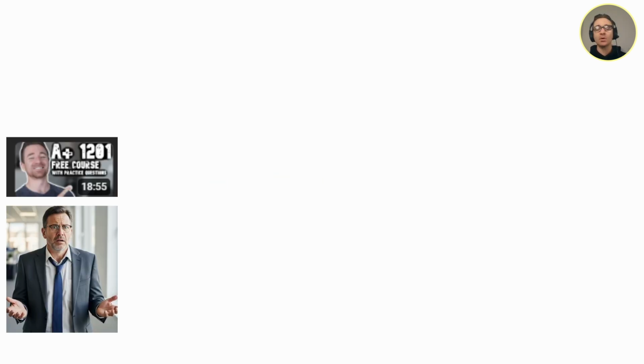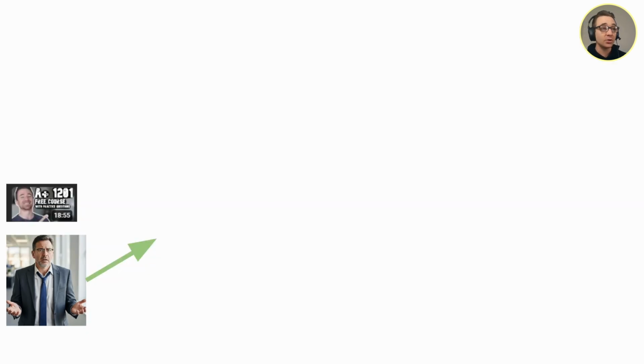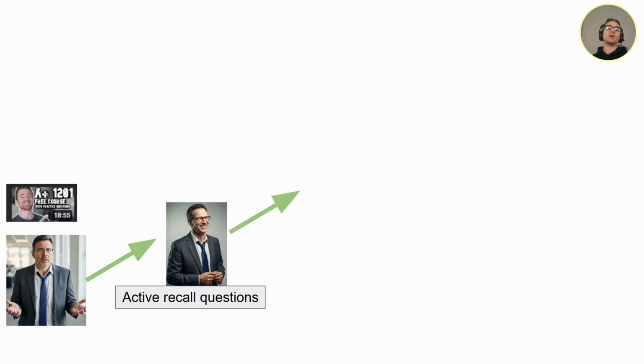Now, guys, look, here's what most people do. They watch a free YouTube training course and they skip straight to randomized practice exams and they feel like their head's about to explode. I don't want you to do that. I want you to do this instead. Watch your free practice course, feel a little bit confused, and then do active recall questions. Very simple open-ended questions just to help you process that information.